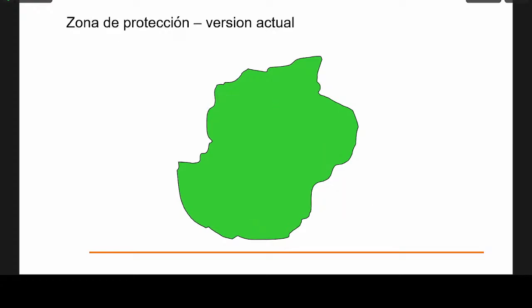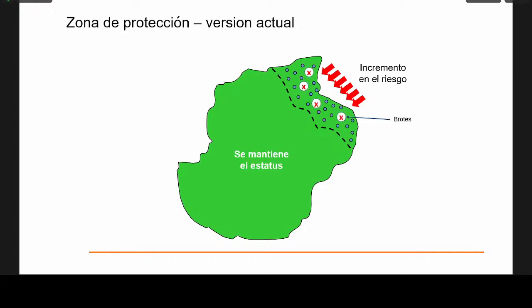Nowadays, what we are currently doing is modifying what goes on in the case of outbreaks. So if we have an increase in risk, a free country or zone can establish these protection zones, and in the event of outbreaks within this protection area, the status for all the rest of the country is maintained, and thus they can keep on conducting international trade.